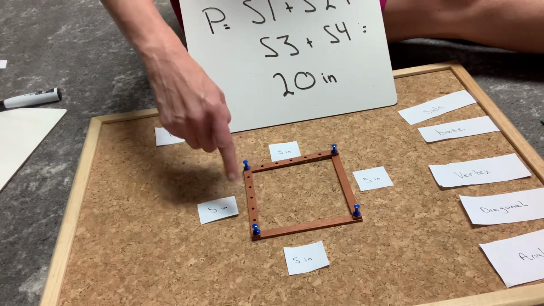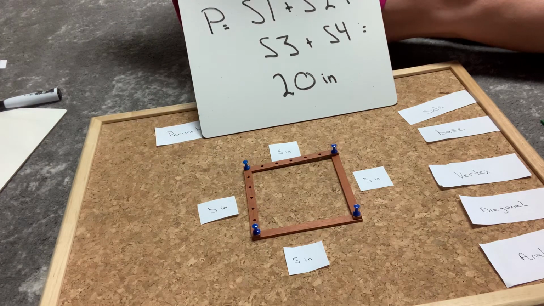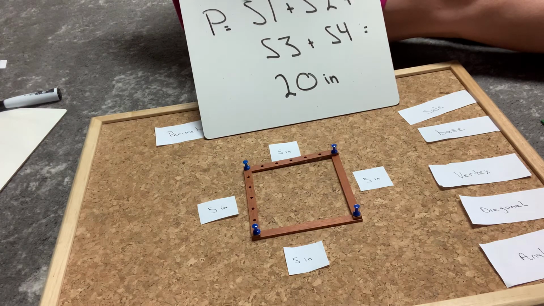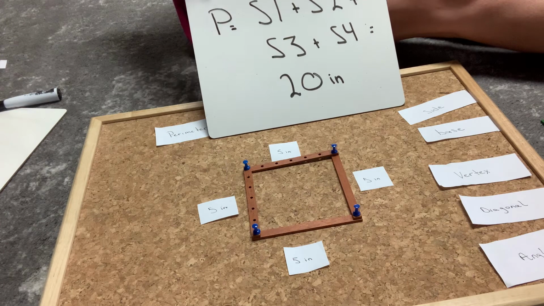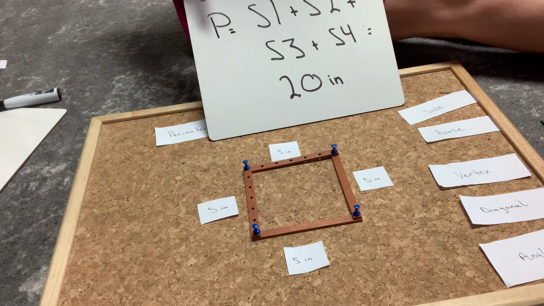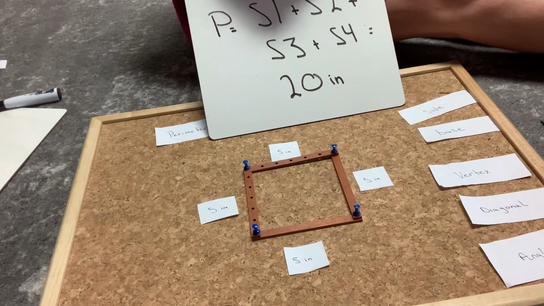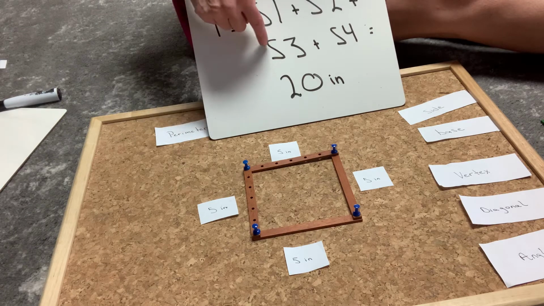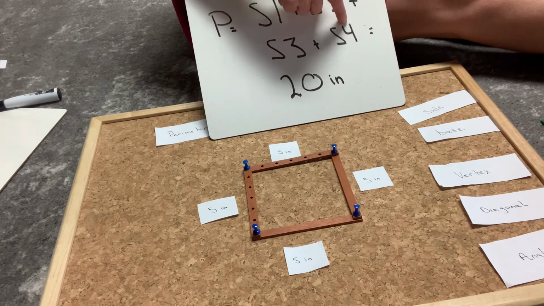I've abbreviated the word side with a capital S, and I've shortened the word perimeter to a capital P. So the perimeter equals side 1 plus side 2 plus side 3 plus side 4.